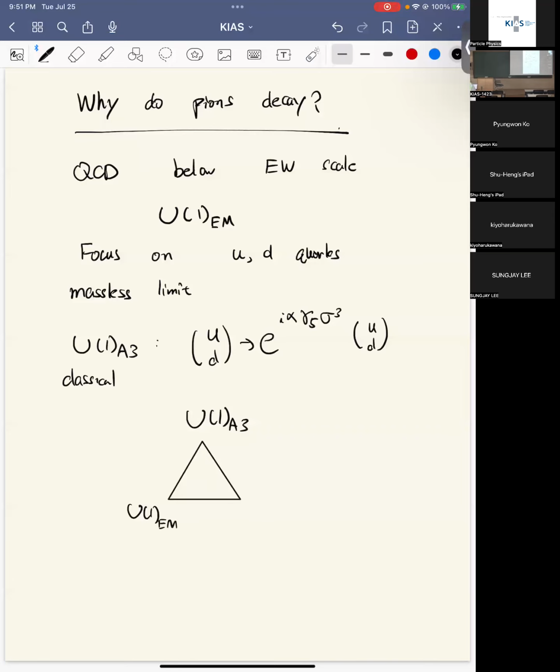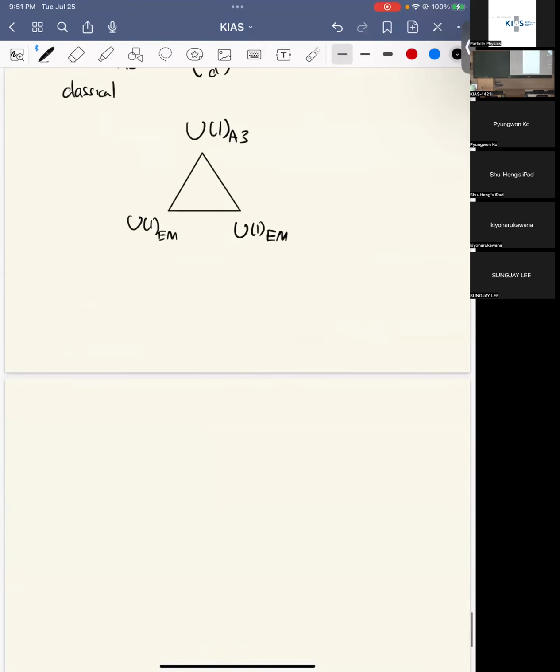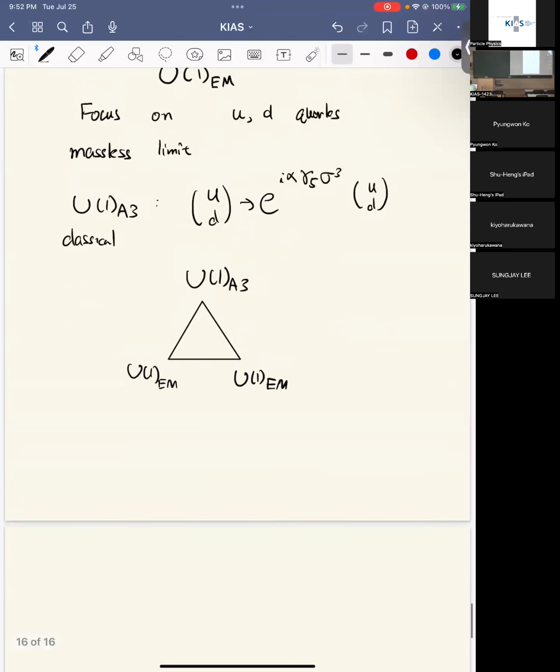If you remove the sigma 3, then the symmetry will have an ABJ anomaly with the SU3 color symmetry. But our construction doesn't work for SU(N) gauge group. One way to understand it is because there's no fractional quantum Hall state for SU(N), but there's one for U1.